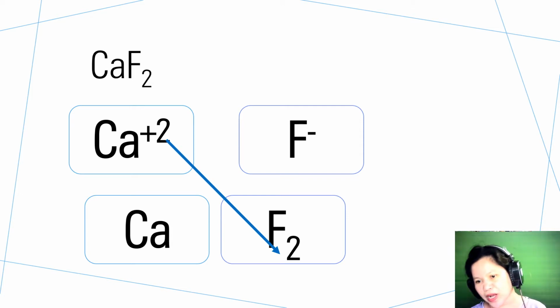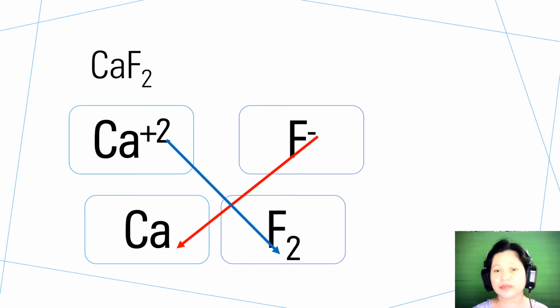So, you place it as subscript. Now, what about fluorine? Okay, since fluorine has a negative charge of 1, it should go to calcium. But, since it is 1, there is no need for you to write it down. Okay, since it is understood that there is a presence of 1.